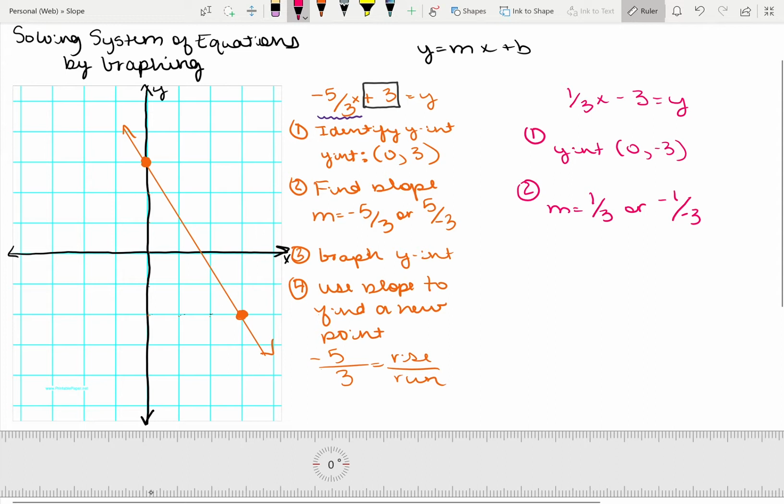Number 3 says to graph the y-intercept, so let's do that. The y-intercept is 0, -3. So I start at my origin, go down 1, 2, 3 places, and graph my point. Then step 4 says to use the slope to find another point.